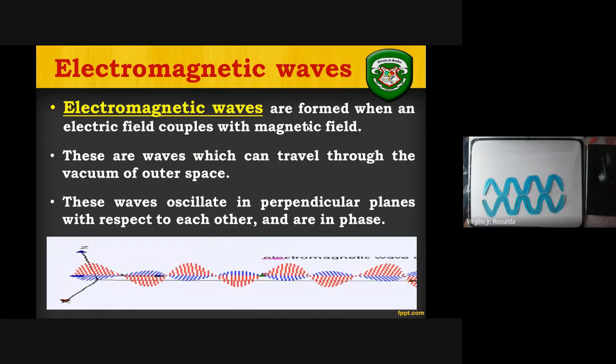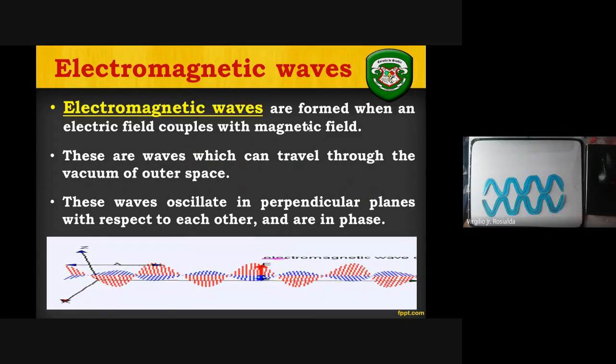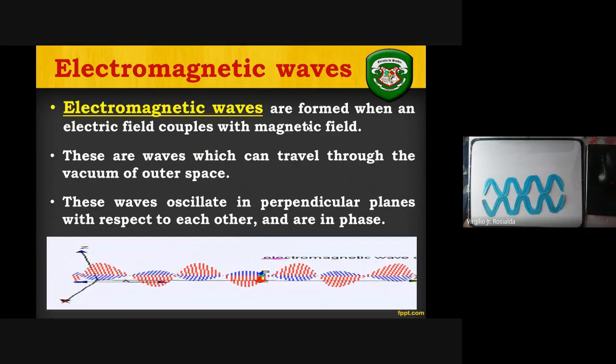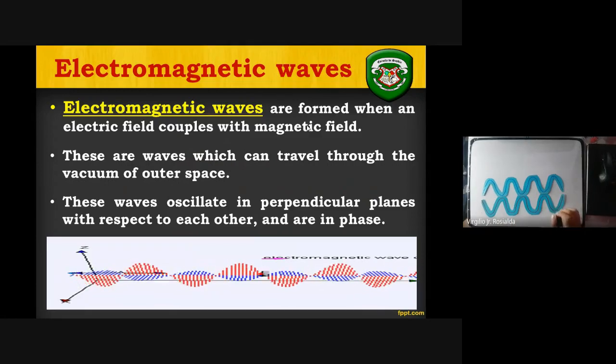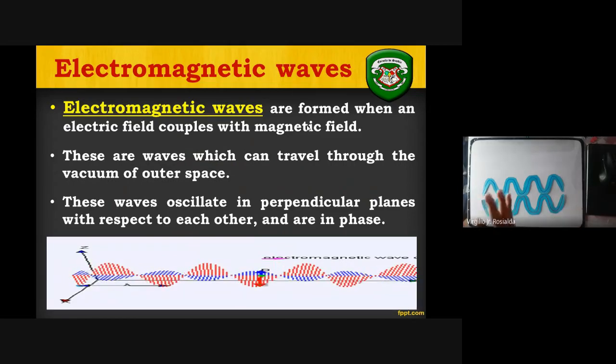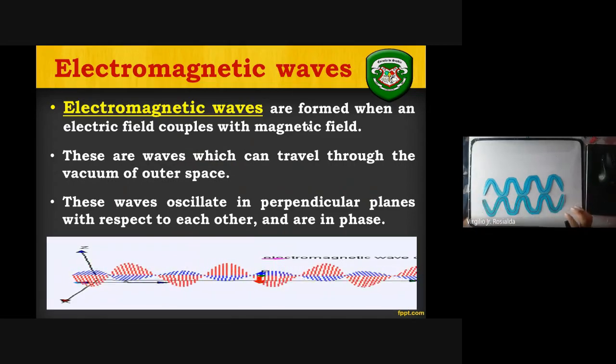So these waves oscillate in perpendicular planes with respect to each other and are in phase. So what does it mean? So when we talk about electromagnetic waves, it deals with electric field and magnetic field. So in order for us to produce an electric field, we need to have an electric charge. Because in order for you to produce tinatawag nating electric field, kailangan mo ng electric charge.